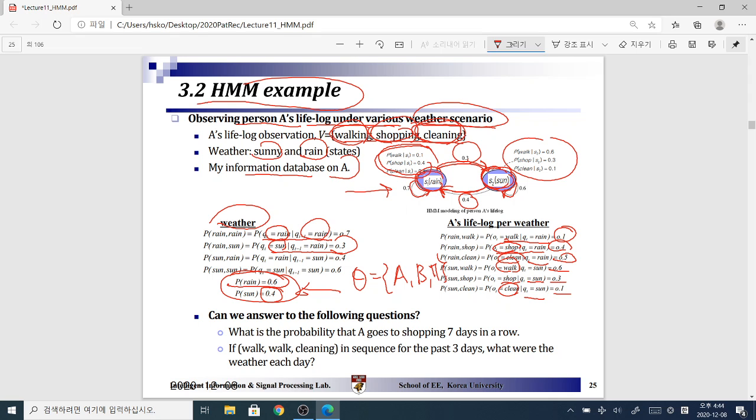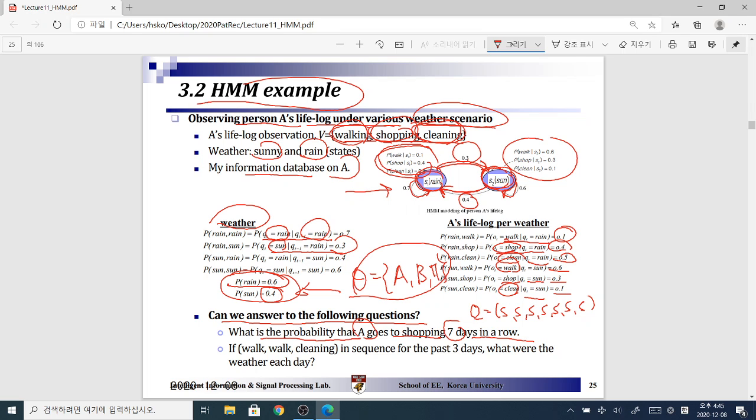So once again, given this model, can we answer the following questions? What is the probability that this person goes shopping 7 days in a row? So the observation happens to be shopping, 7 days in a row.